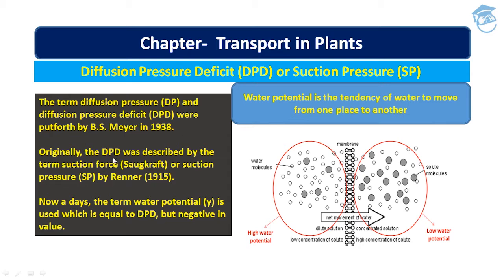Originally, DPD was described by the term suction force. By whom? By Blackman. He was a scientist. Or suction pressure, that is SP, Renner coined it. Okay, so DPD is nothing, it is suction pressure.